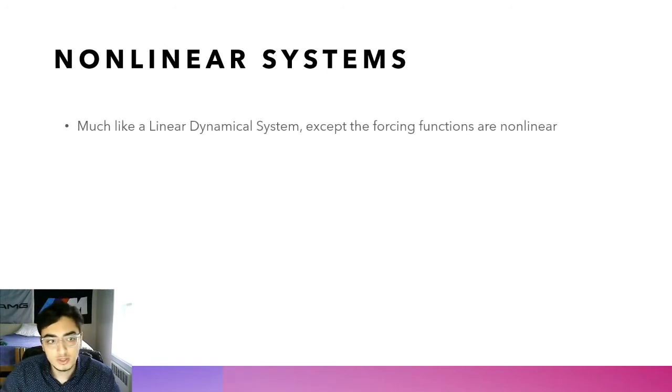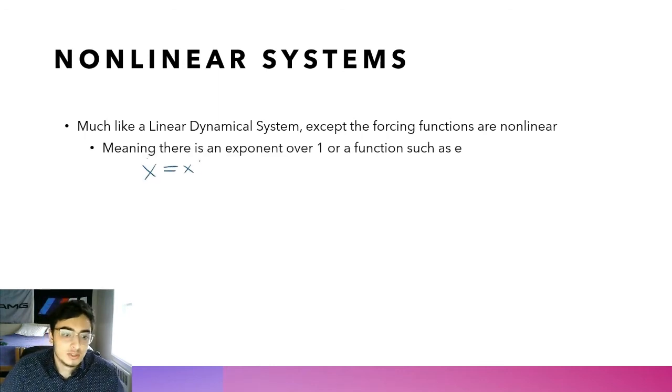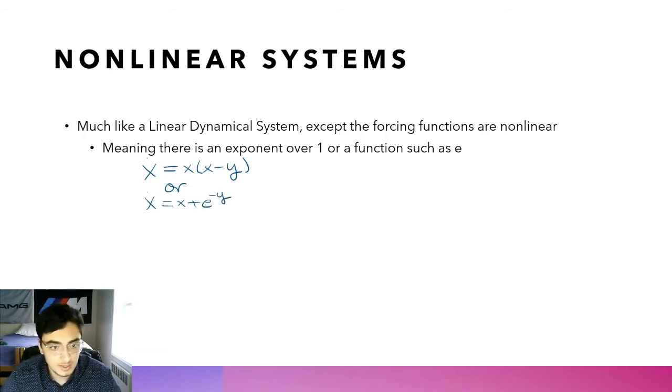Now that we understand how linear systems work and fixed points work, it's time to go into nonlinear systems. Nonlinear systems are essentially a more complex version of the linear systems. They have functions within them or exponents that a linear system would not have, such as maybe x squared or e to the negative y or e to the negative x.